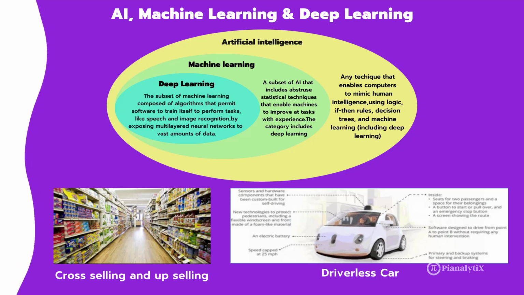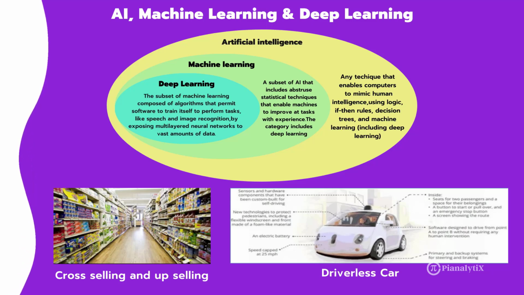If there is any obstacle in front, it will apply brake. If the road is empty, it will accelerate. So these are different functionalities which will come in place, and this complete system is an artificially intelligent system.